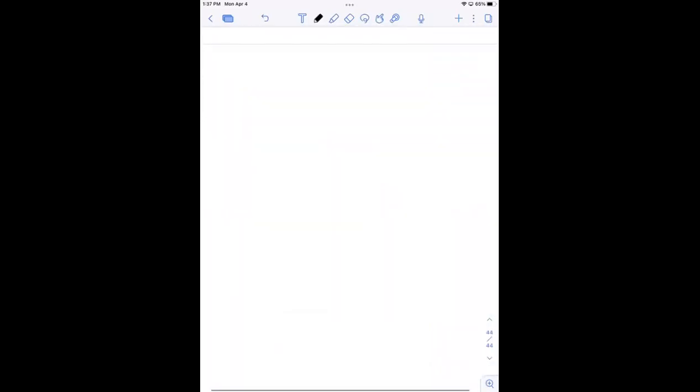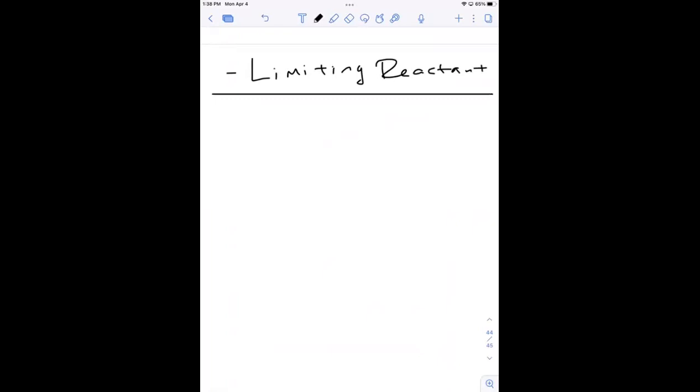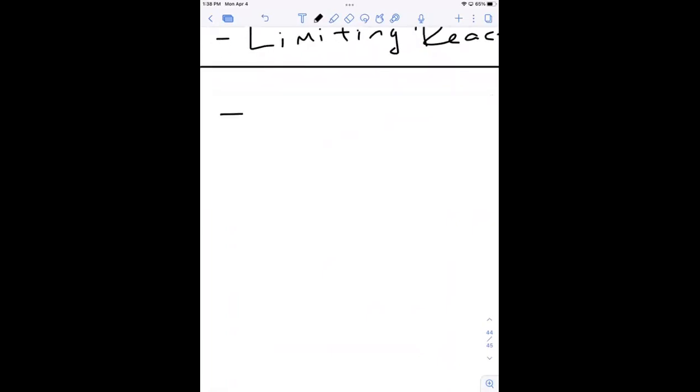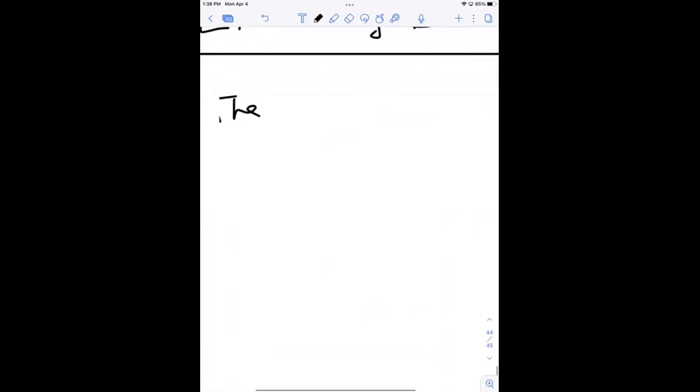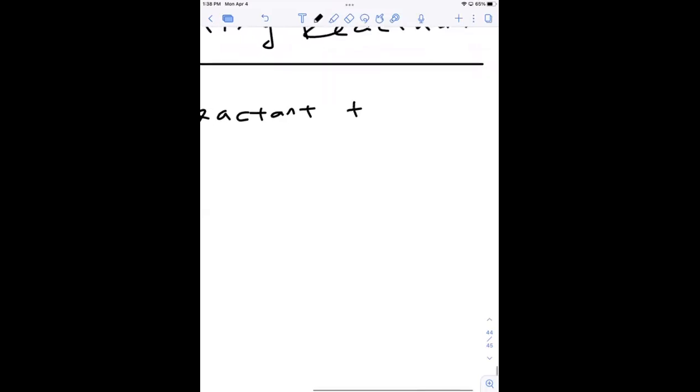the next part of our discussion, which is dealing with limiting reactants. All right, so limiting reactant. When you think about the limiting reactant in any given reaction, there are two ways to define it. One is the reactant that's consumed first.